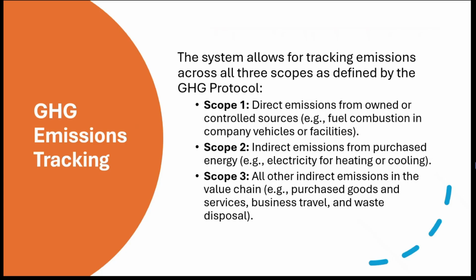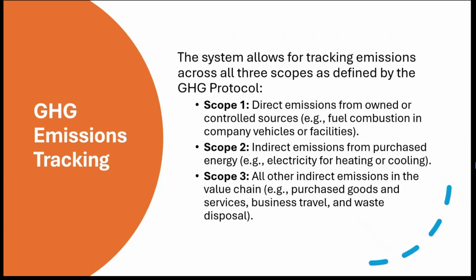Now, what do we have in greenhouse gas emission tracking? Based on the GHG protocol, there are three scopes: scope 1, scope 2, and scope 3. Scope 1 showcases your direct emissions from your own controlled sources, like company vehicles or facilities.